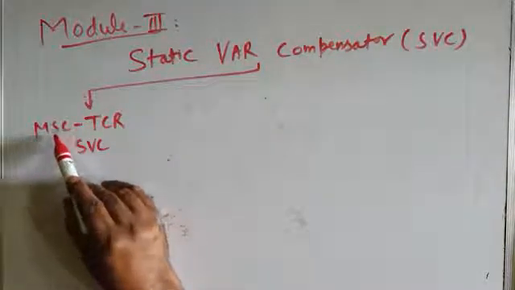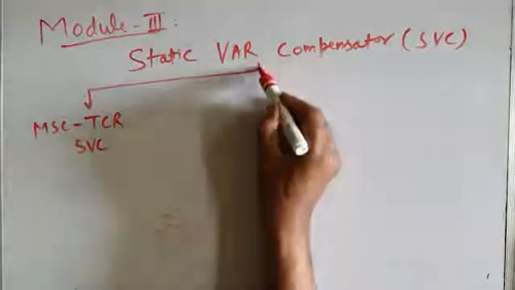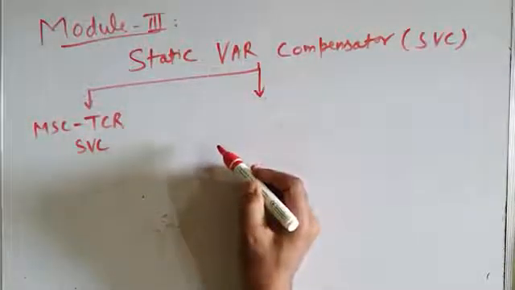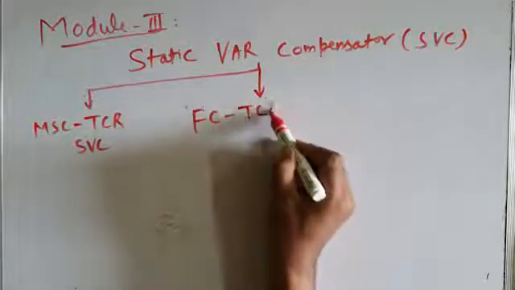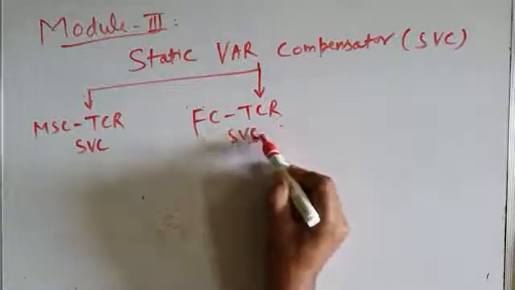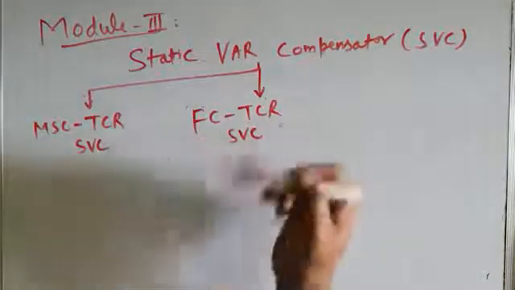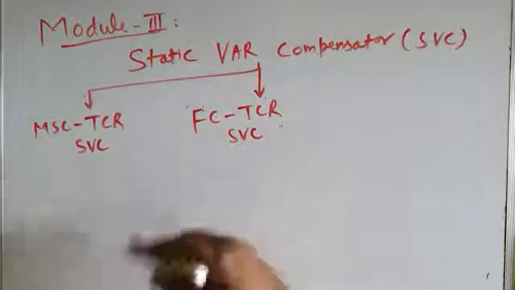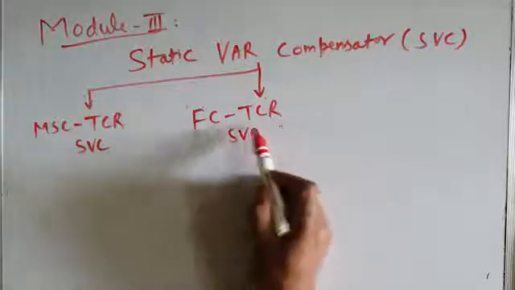That's why we have mechanically switched capacitor, MSC, TCR, SVC. Second type is where the capacitor is fixed, so fixed capacitor, TCR type SVC. The capacitor bank is permanently fixed to the system, and it continuously generates reactive power and keeps on injecting that reactive power into the system. So it is FC, TCR, SVC.